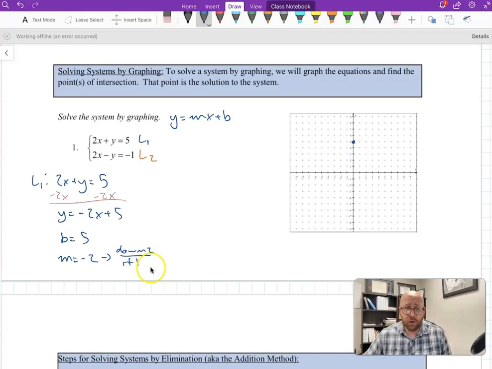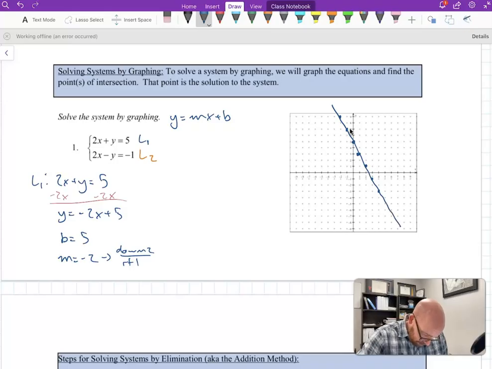And our slope says to go down 2 to the right 1, and we'll just continue with that pattern. We can even go in the opposite direction of up 2 to the left 1. And we can draw a straight line through these points. Okay, and this is line 1.